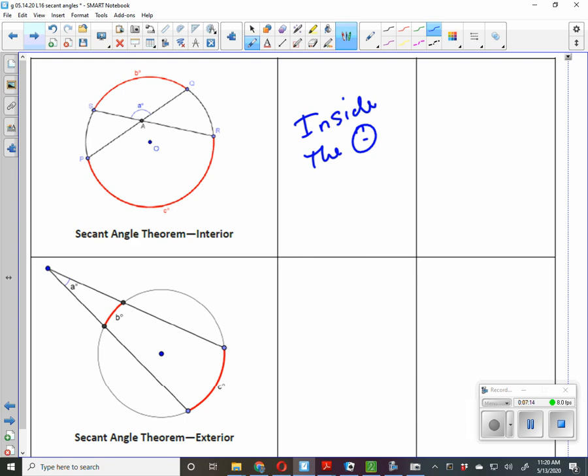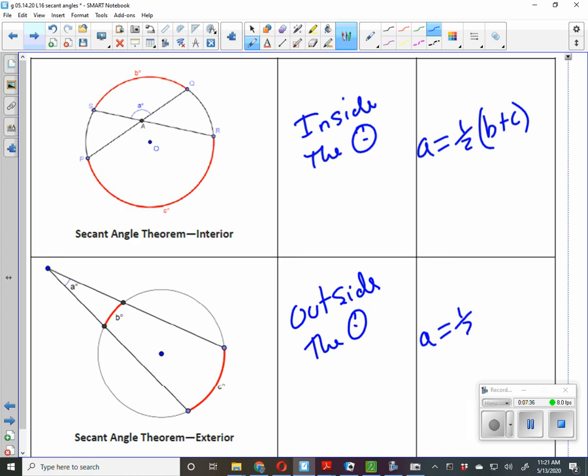The formula that we have here is the angle A is equal to half the sum of B plus C. And then when we got it outside the circle, we've got the angle A is equal to 1/2 of C minus B, the difference of the arcs. Now again, hopefully there's some things that make sense. On is half, inside is half, outside is half, but when you're inside you have to add, when you're outside you have to subtract.